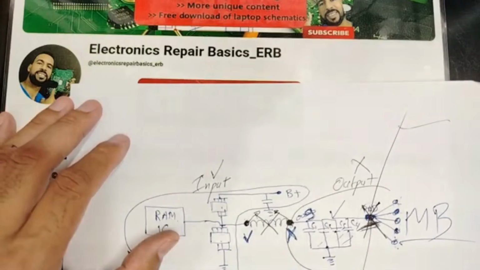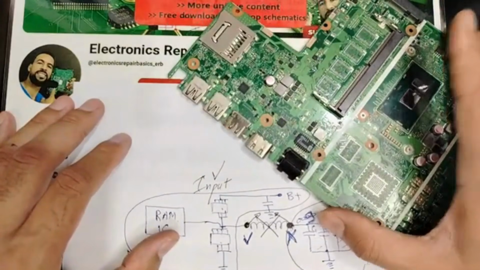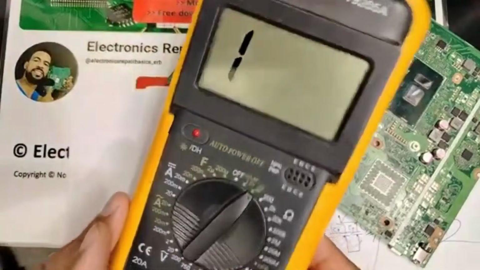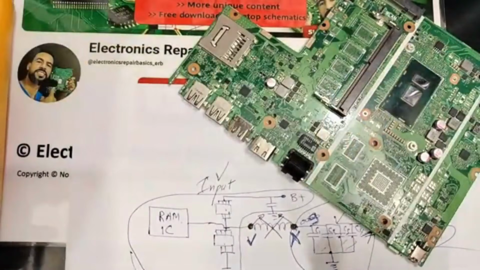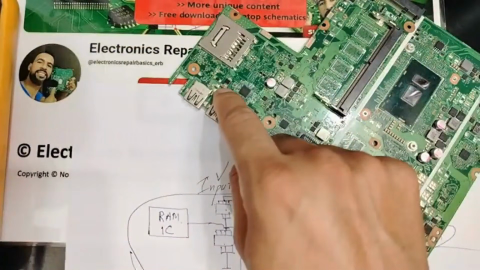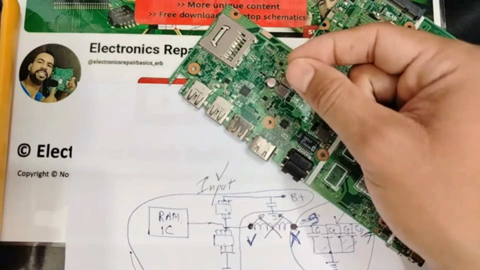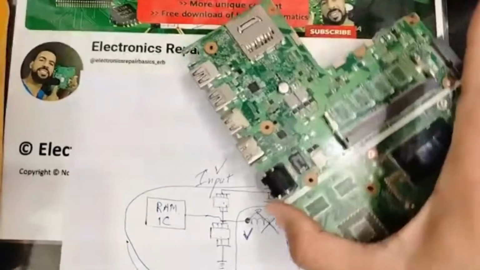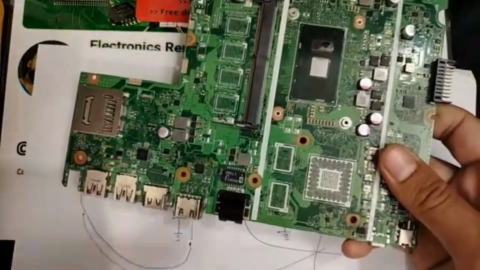But if someone told you the thermal camera, let's assume, for example, I use the thermal camera and find out that this capacitor is overheated. I will replace it. Oh, nice. It is the shorted component. Good. Let's assemble the laptop and send it to the customer.